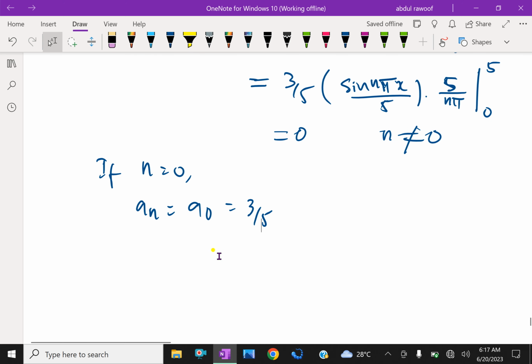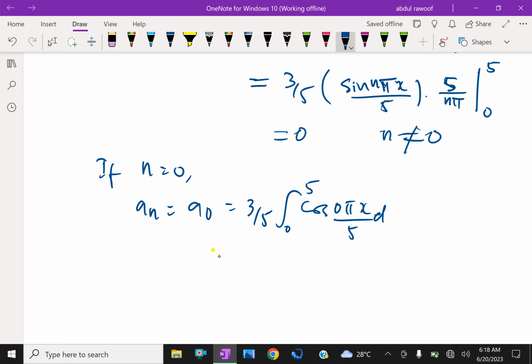integral 0 to 5 cos 0 pi x over 5 dx, which gives 3 over 5 integral 0 to 5.